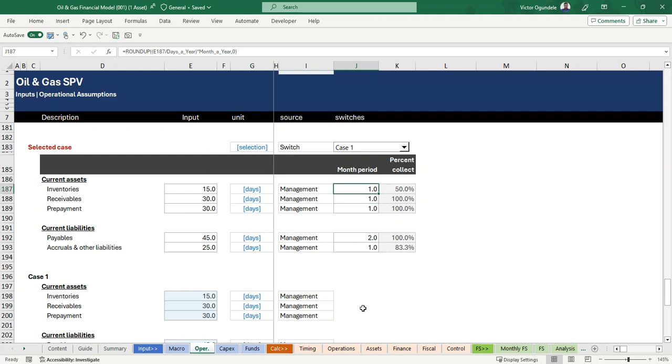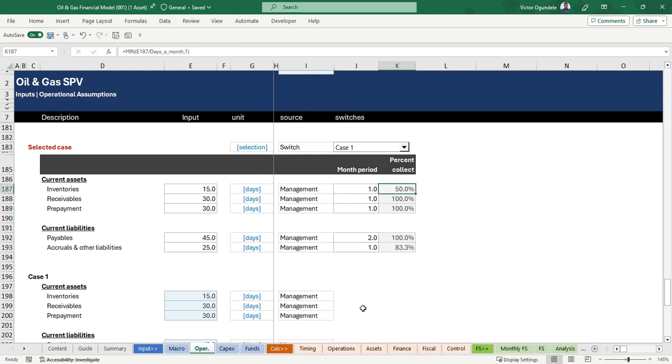This is considering a mid-month adjustment, so 15 days is still recognized as a month. 30 days is a month, and where it goes beyond 30 days, it becomes a 2-month calculation.